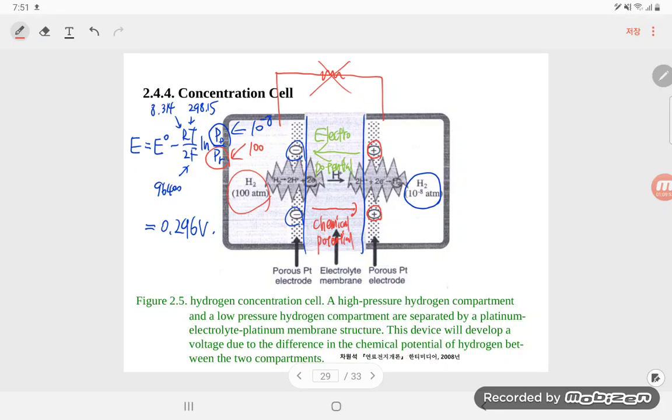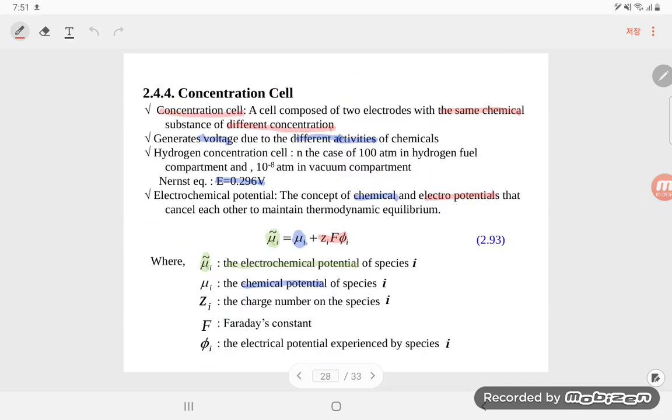So this reaction happens until these two values are in equilibrium. This is the electrochemical potential, the chemical potential, and this is the electropotential.